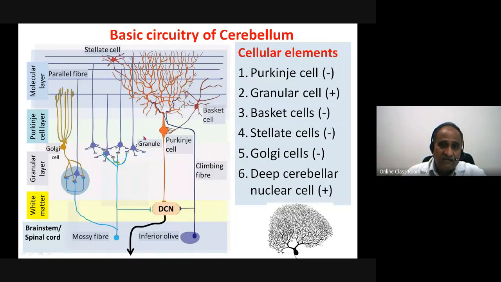That means for every one Purkinje cell, there may be many granular cells. The specialty of these granular cells is that they have a few basal dendrites, and they have apical projecting axons which bifurcate as a T. These axons become parallel fibers.